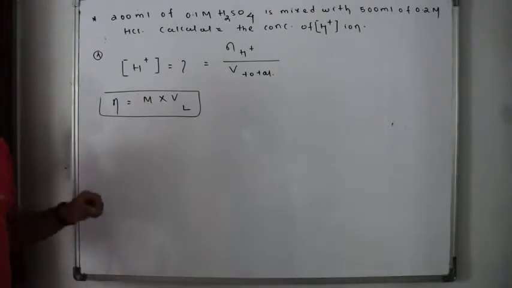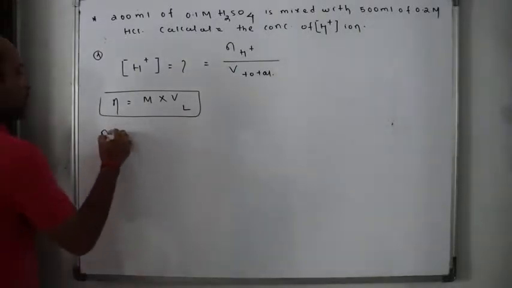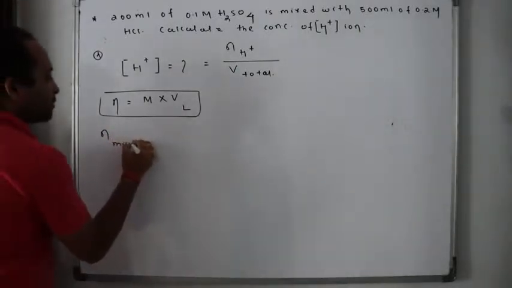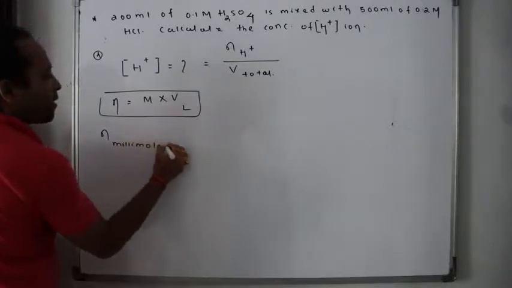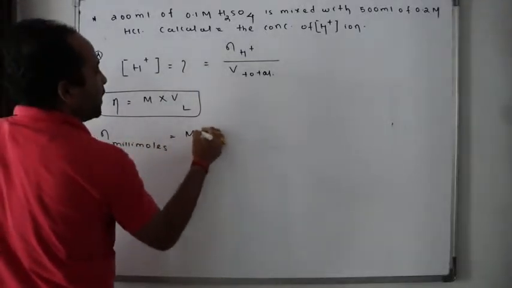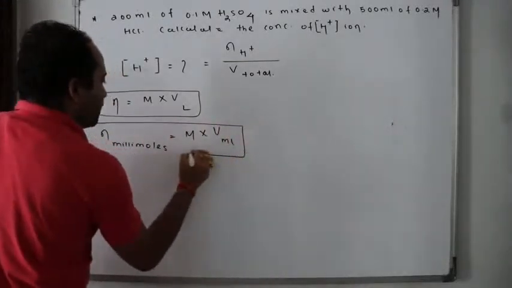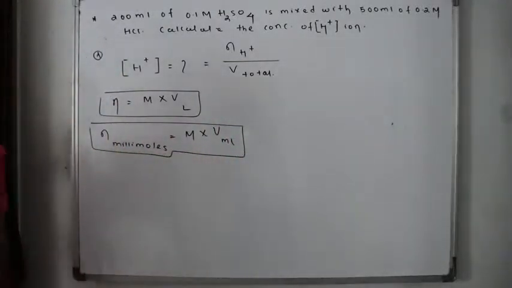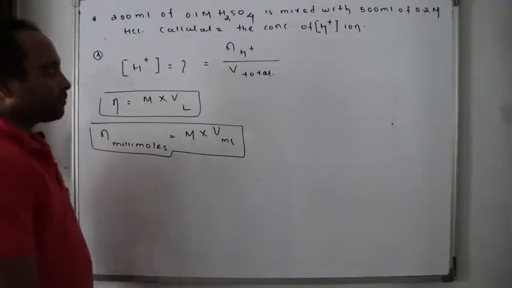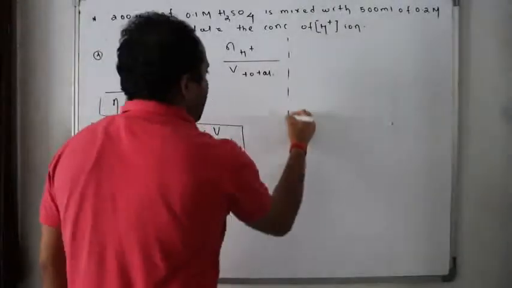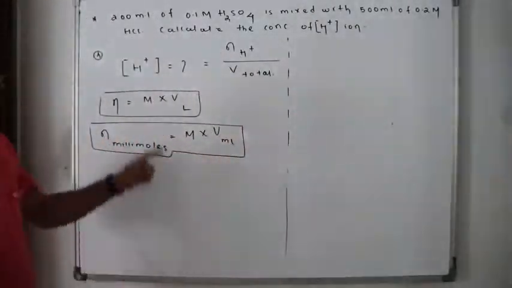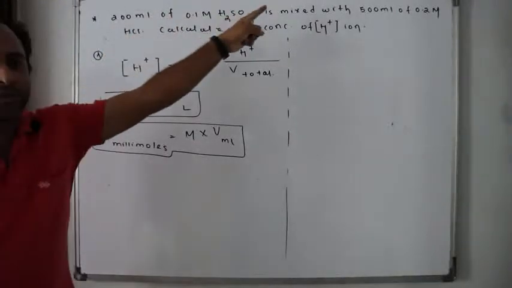Easy. How to find the number of millimoles? You know number of millimoles. I told you it is molarity into volume in ml. We have discussed all these things already. Yes or no? Now, first case, 200 ml of 0.1 molar H2SO4.